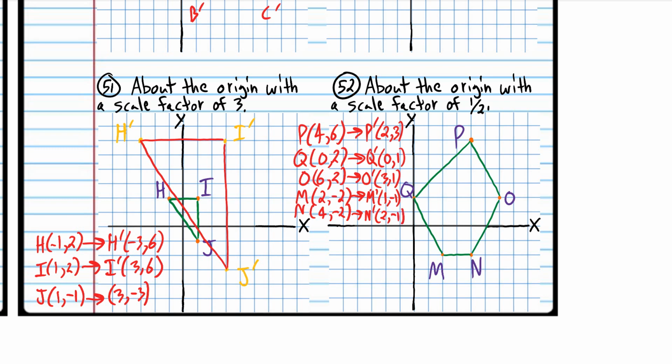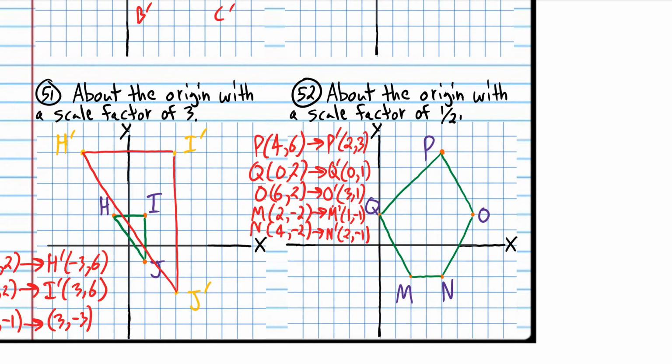So now we just have to plot those points. 2, 3. That's P prime. 0, 1. That's Q prime. 3, 1. That's O prime. 1, -1. That's M prime.